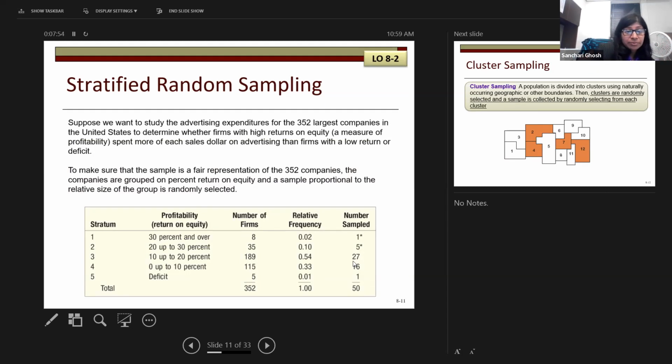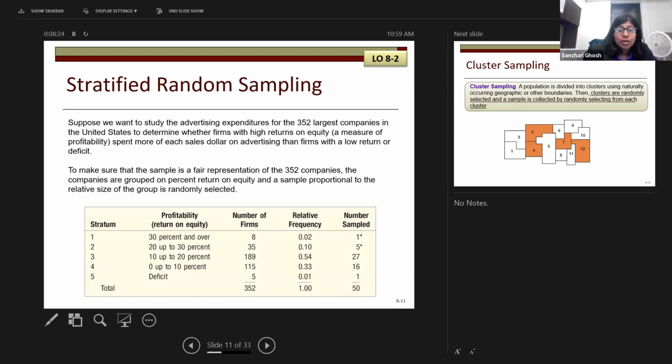the stratified random sampling. So for example, this particular company wants to determine whether farms with high returns on equity spend more of each sales dollar in advertising than farms with a low return or deficit. So basically, you want to put some strata on farms based on their returns on equity, which is a profitability measure. In many statistical examples, return on equity is a very good indicator of profitability.